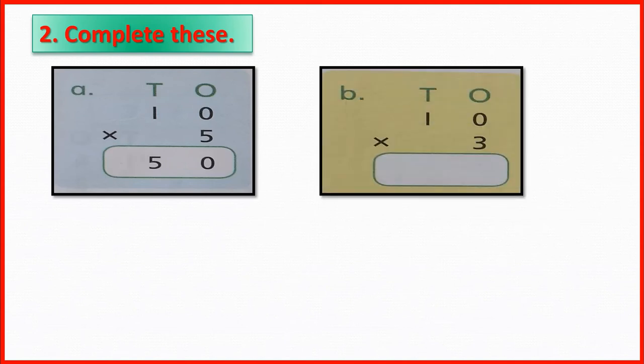Next is 10 multiplied by 3. 3 zeros are 0. Now multiply tens. 3 ones are 3. That means 10 threes are 30. So the answer is 30.